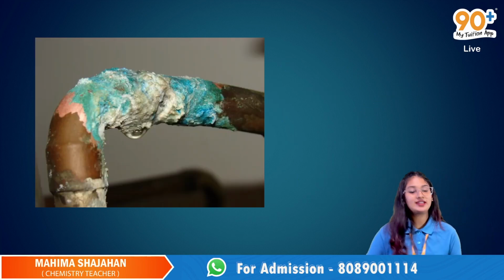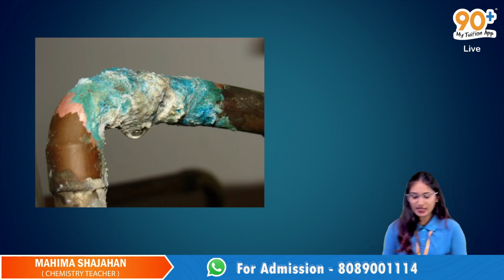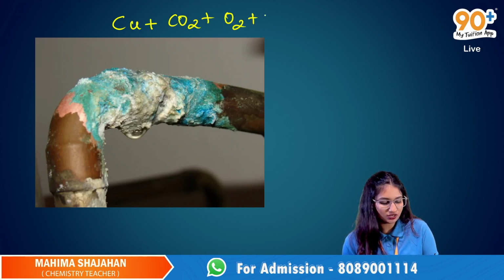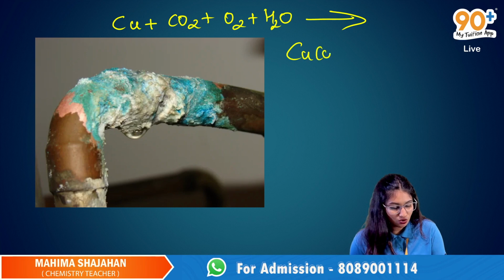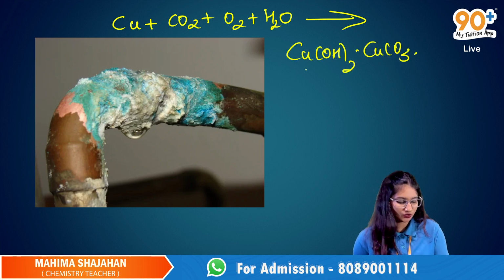Alright, now let's see corrosion of copper. Copper എങ്ങനെയാ corrode ചെയ്യുന്നത്? Copper is combining with carbon dioxide, oxygen, water in the atmosphere and forms Cu(OH)2.CuCO3. ഇതിന്റെ പേര് എന്താണെന്ന് അറിയോ?